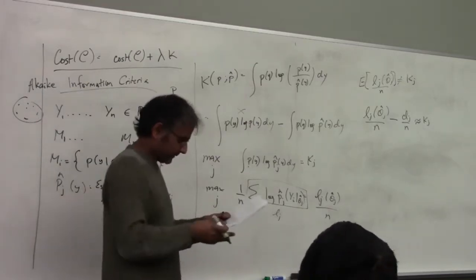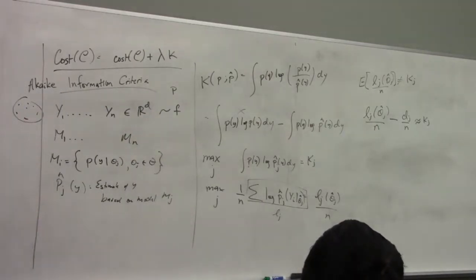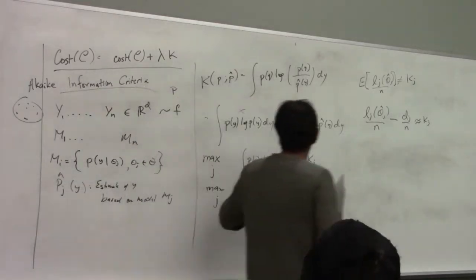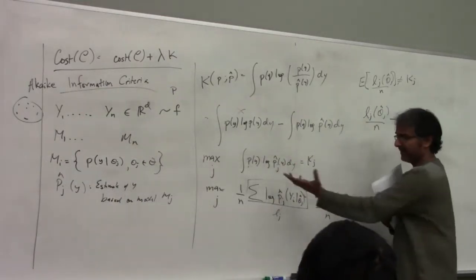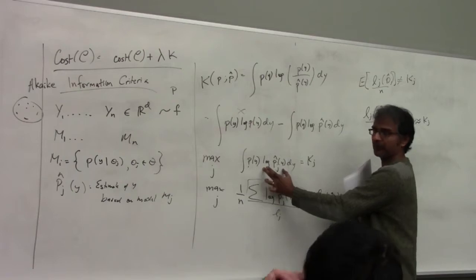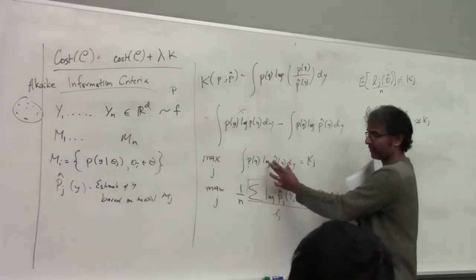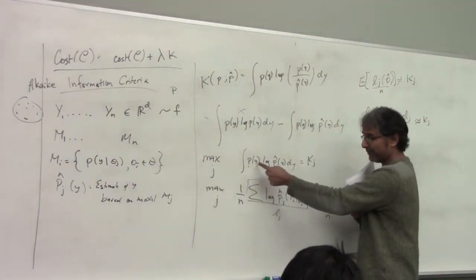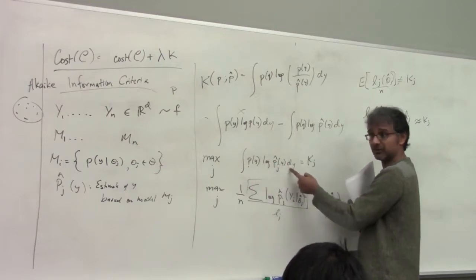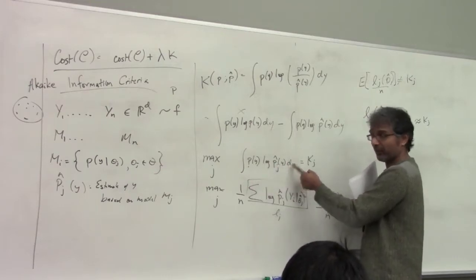Can I ask something? Yes. How did we get from the integral to 1 over n? Forget the max, we want to compute this integral. This integral is really the expected value of this quantity over this distribution. Now if we sample y's, they are already drawn from this distribution.